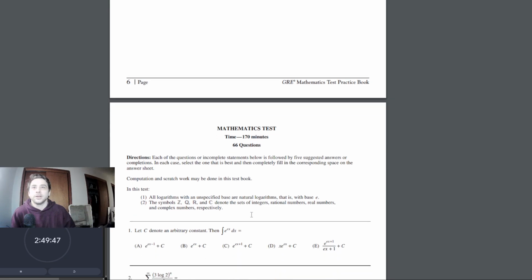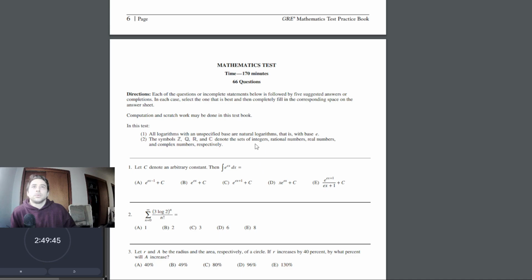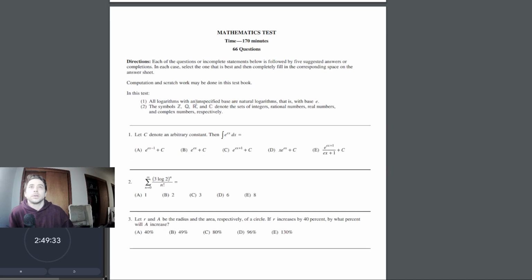Question or incomplete statement followed by 5 suggested answers. Is that true? Natural logarithms are base e. No, I guess e makes more sense. Growth rate.